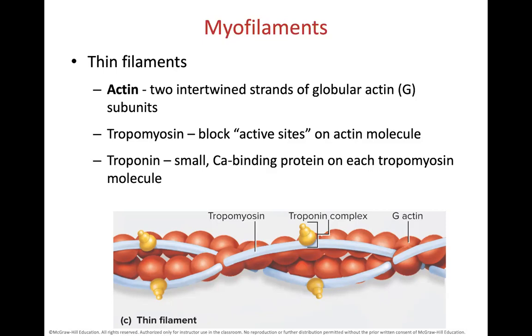The active sites are where the myosin molecule is going to bind to the actin molecule to create a contraction. So when tropomyosin is in place, this would be like a resting muscle. It's covering the active sites so that bonding between myosin and actin can't happen and there's no contraction.